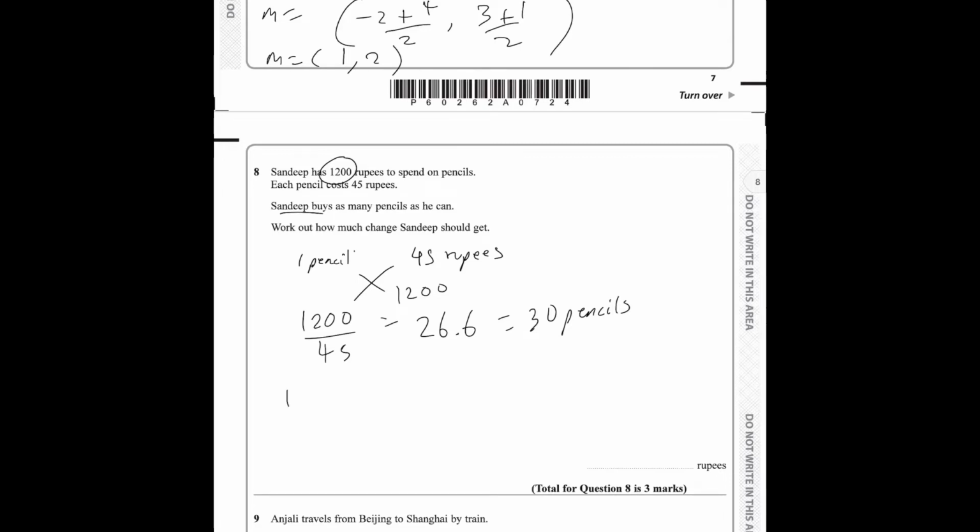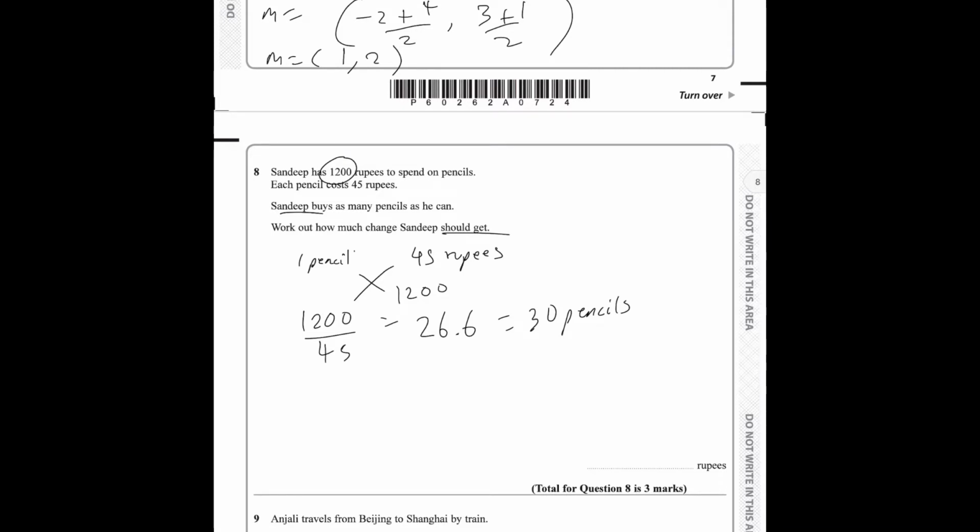How much change should he be getting? So the change that he should be getting is 1,200, the money he has, minus the number of pencils he can buy, 30 times 45. This should give you approximately... maybe you don't need to, maybe scratch this idea out.